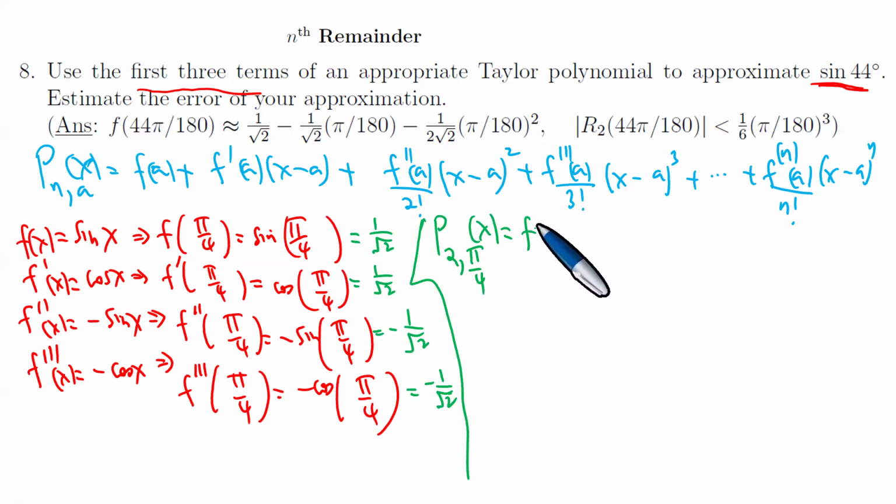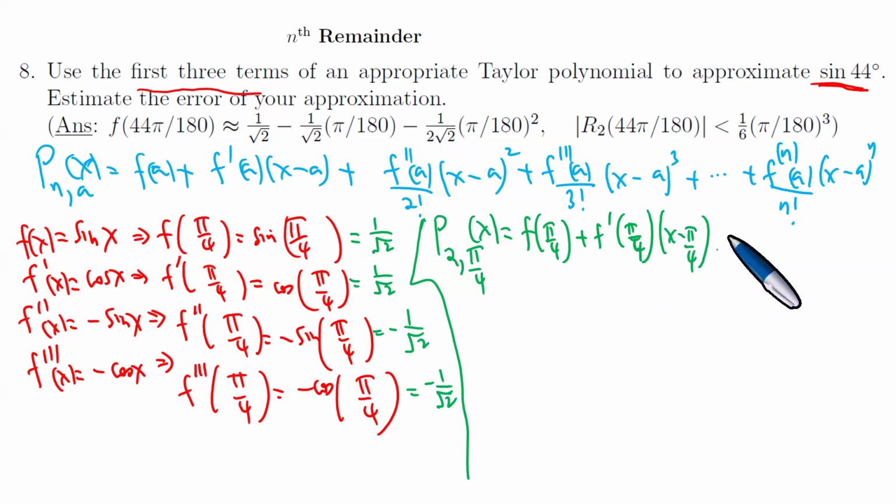It's going to be f of pi over 4, f prime of pi over 4 times x minus pi over 4, f double prime of pi over 4 over 2 factorial, and then x minus pi over 4.